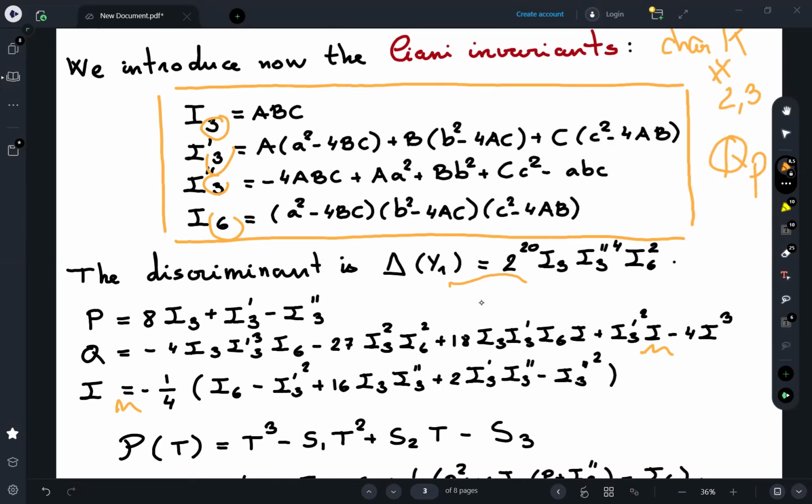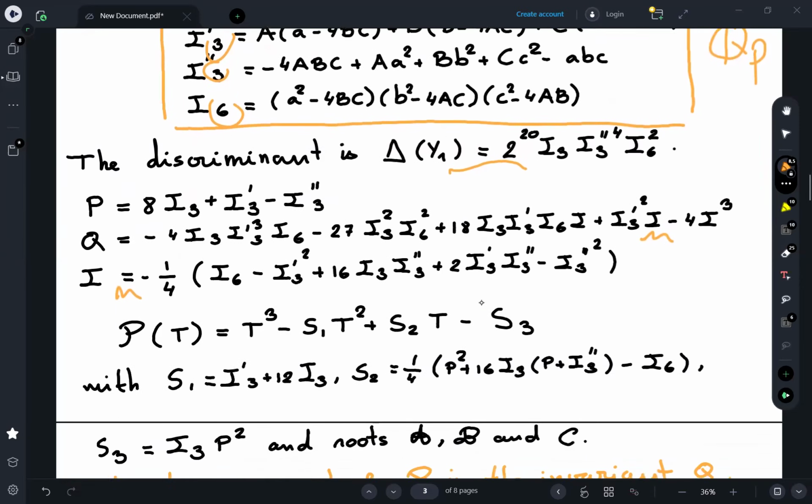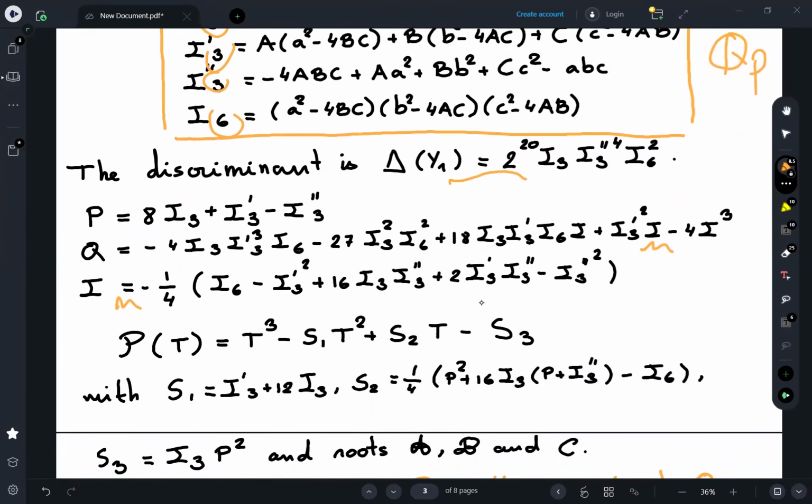I can also define a polynomial, this Gothic P, in such a way that the coefficients of this polynomial are again some invariants like the ones I defined before. I'll call the roots of this polynomial Gothic A, Gothic B, and Gothic C, and as you will see very soon, they will also play an important role.